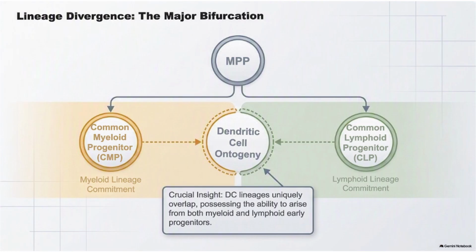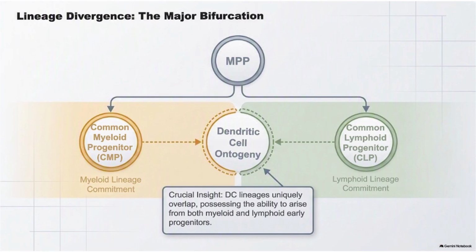Dendritic cells are a particularly good example. Different dendritic cell populations can arise through developmental pathways that complicate a simple myeloid versus lymphoid classification. And monocytes can also generate monocyte-derived dendritic cells under certain conditions. So use this bifurcation as a framework, not an absolute rule.